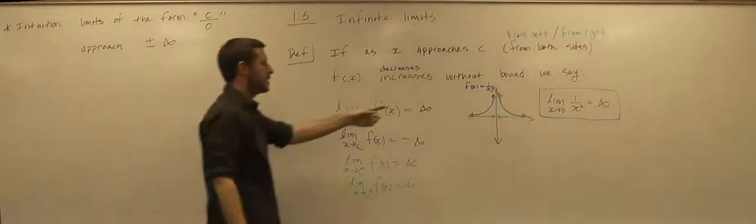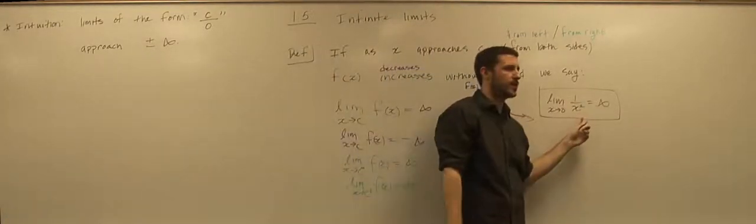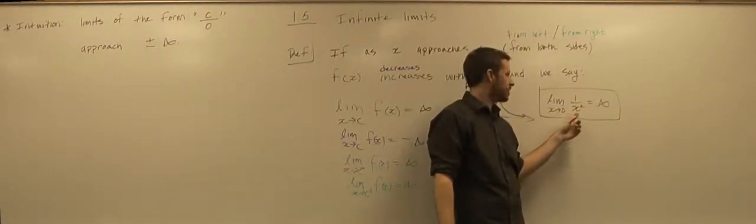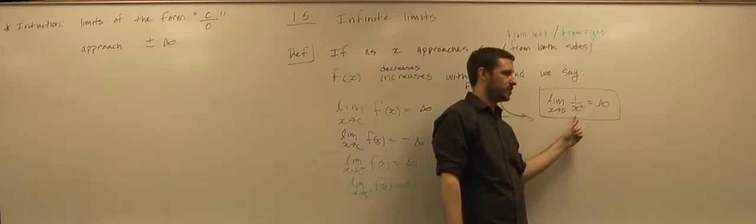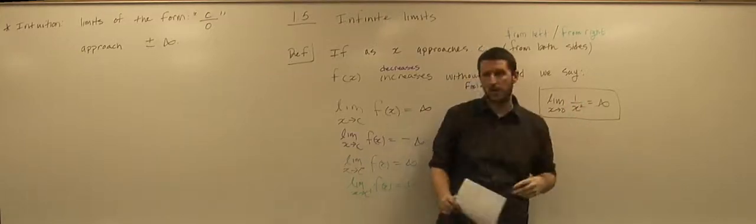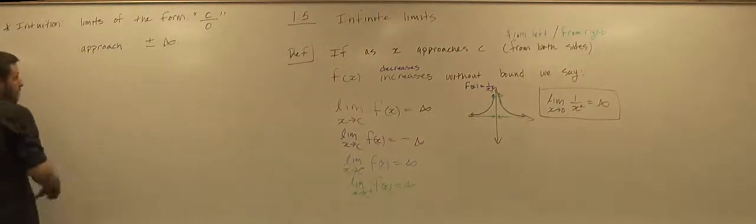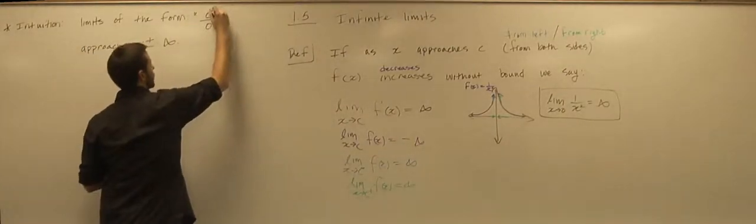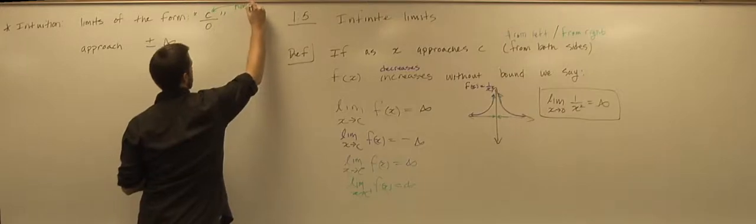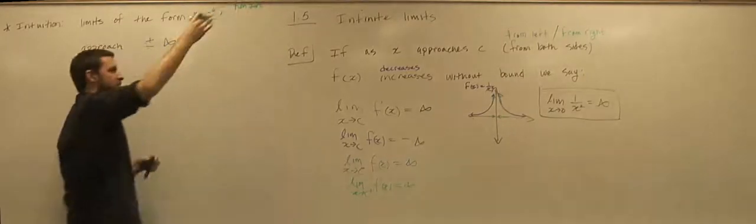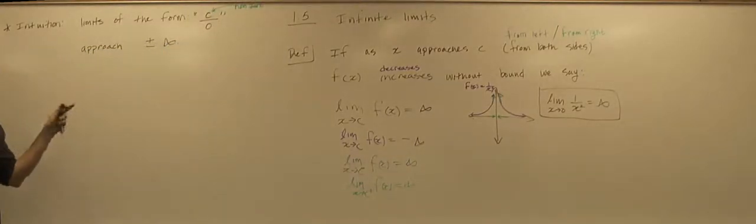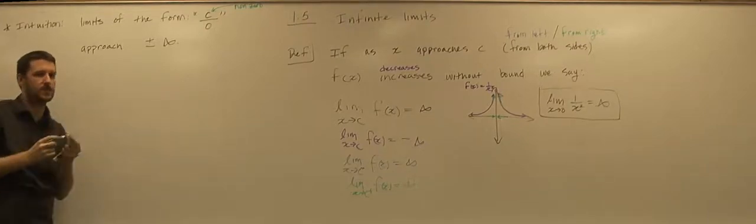So for example, if I were to try and plug 0 in here, I would get 1 over 0. Since I have a non-zero constant over 0, I know that I'm going to go to plus or minus infinity. So this constant has to be non-zero. If you get 0 over 0, that's indeterminate. Then you've got to factor or rationalize or do whatever trick you have up your sleeve.